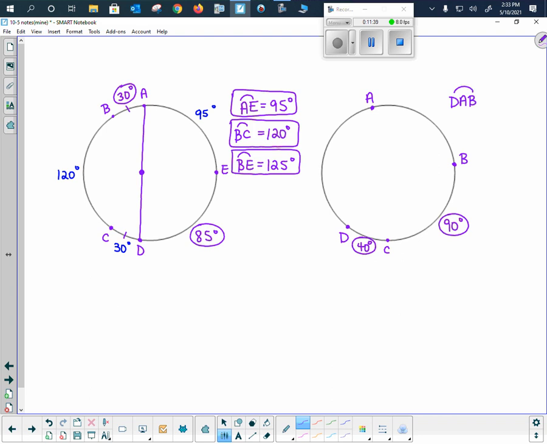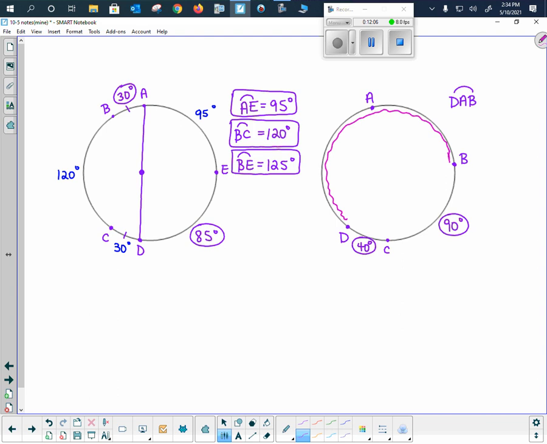So major arc DAB says go from D to B, but you have to pass through A. Visually, from D to B, but you have to pass through A. So we're trying to go like that if I was actually on the circle. Now I agree it's not labeled, but most importantly, everything else is.